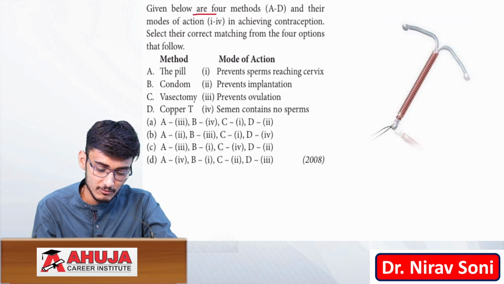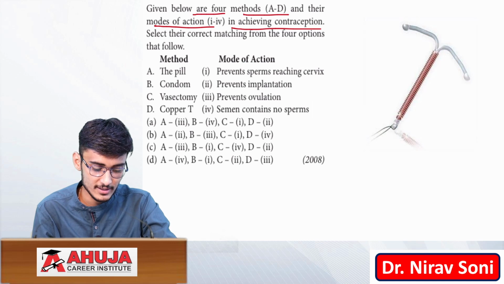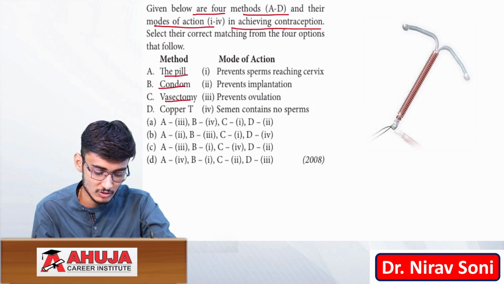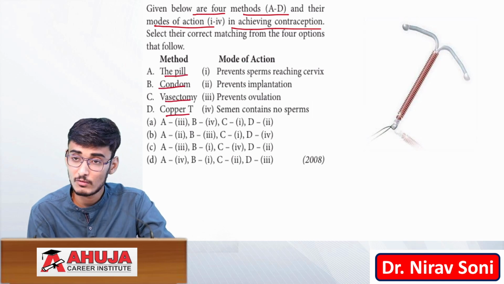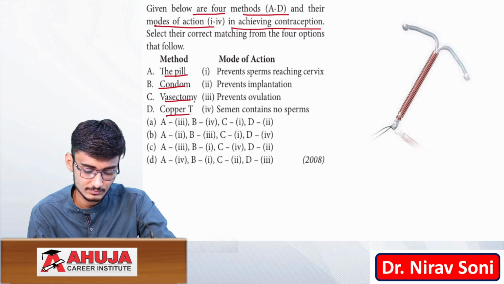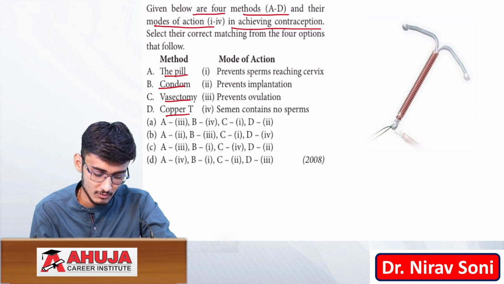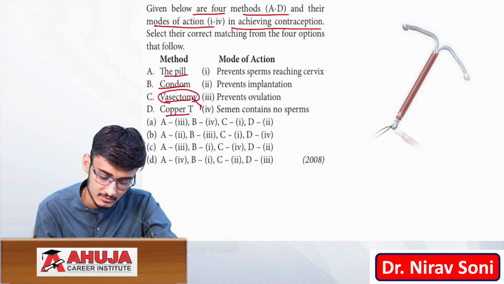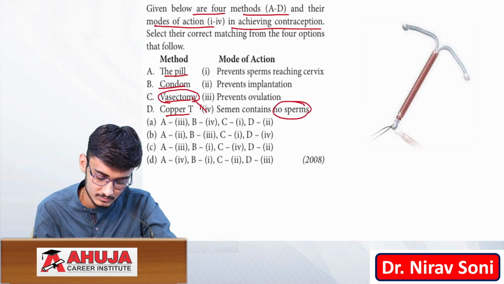Given below are 4 methods A to D and their method of action 1 to 4 for the contraceptive: the pill, condom, vasectomy and copper T. Find out the correct option. What is vasectomy? Semen contains no sperm.